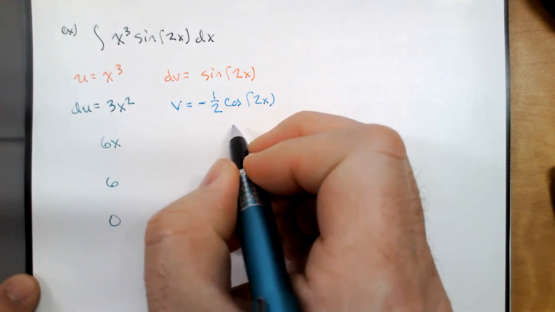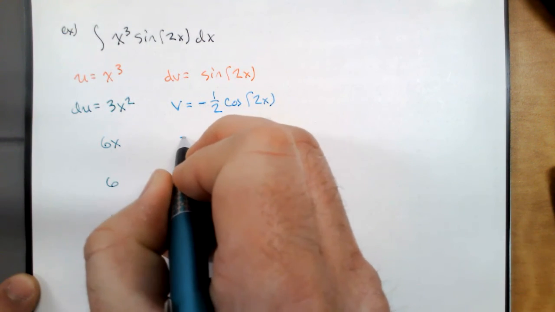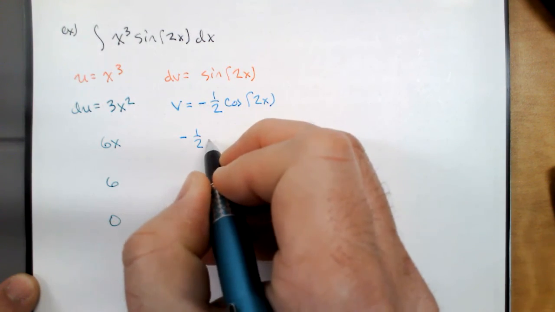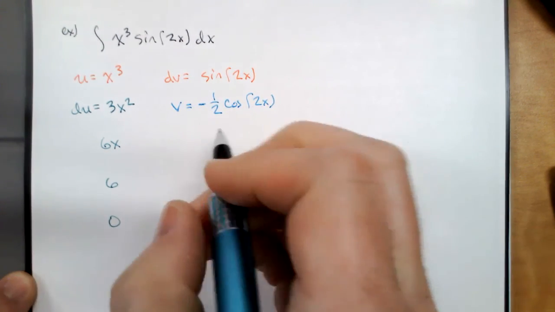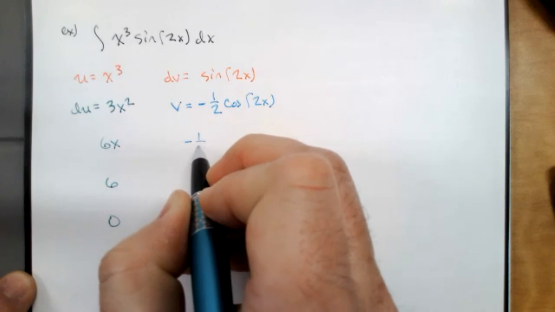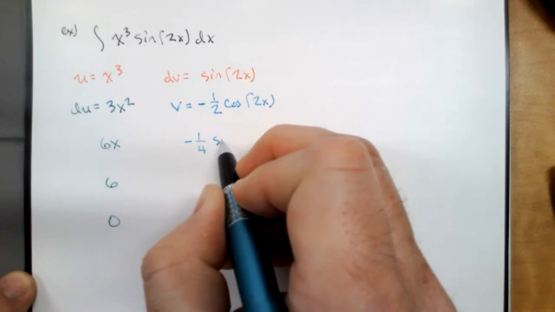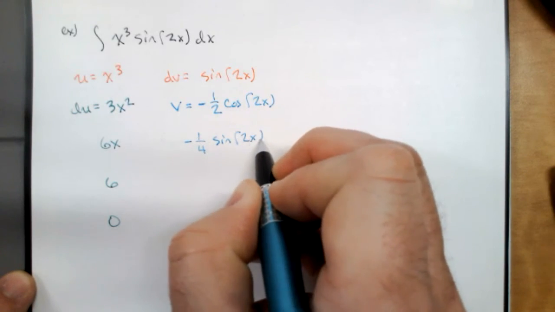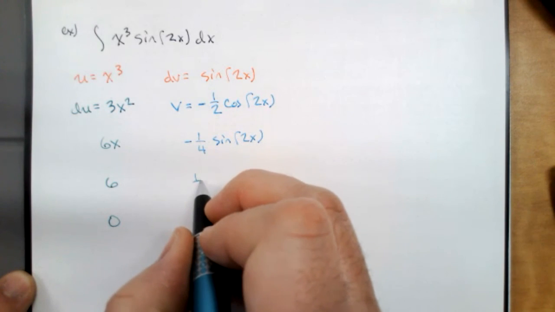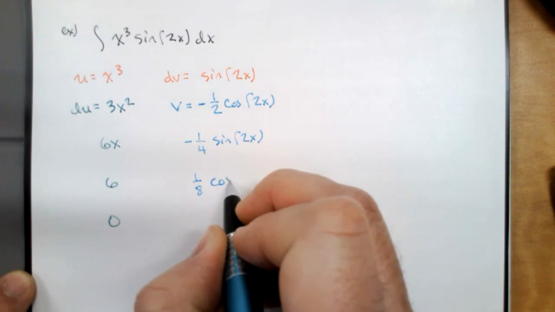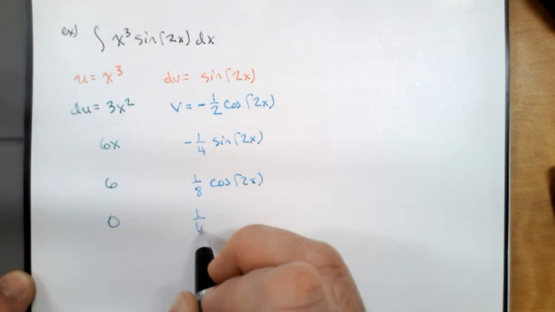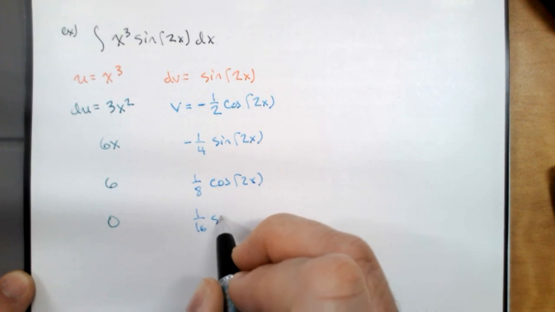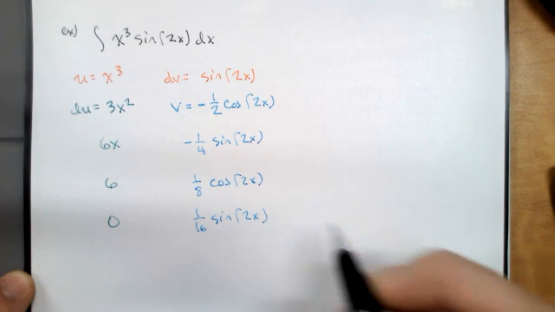And we integrate for each derivative. Minus 1/2, or 1/4, sine of 2x. Then positive 1/8 cosine of 2x. And then positive 1/16 sine of 2x.